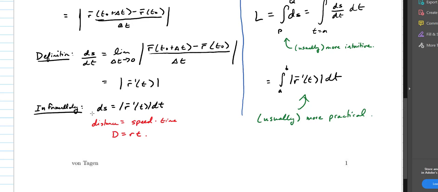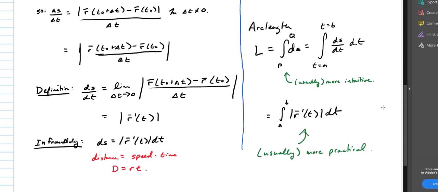And I like writing this expression because it reminds me of the formula distance is equal to speed times time. Remember here, this is our velocity function, and we're taking its magnitude, so that actually is giving us speed. And so we've got the speed at a point in time times a small increment of time is equal to a small increment of distance.